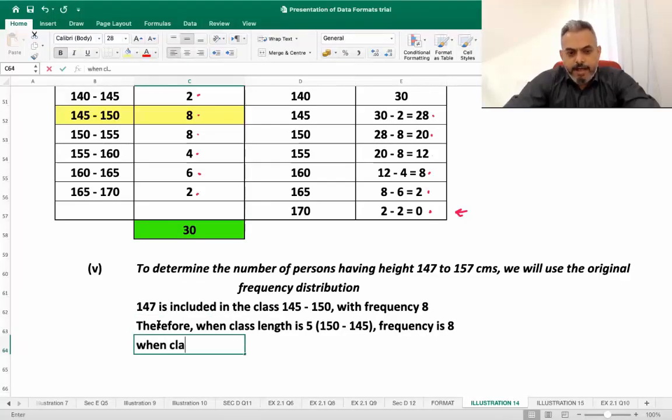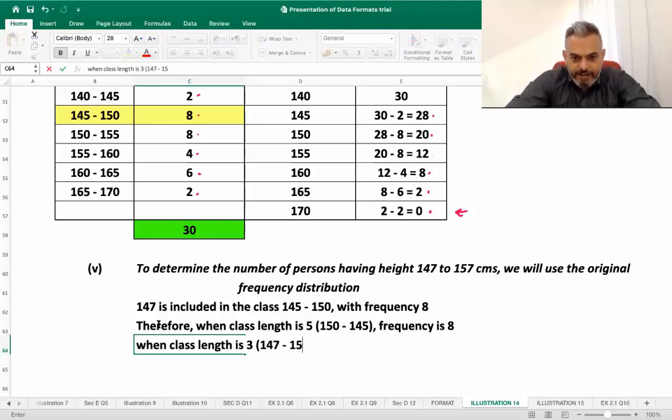When class length is 3, that is 147 to 150, then frequency is equal to what?